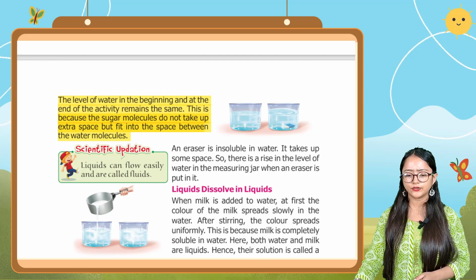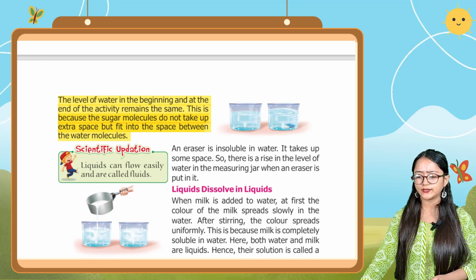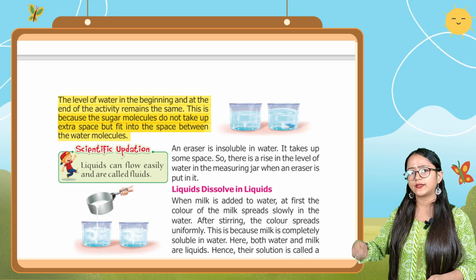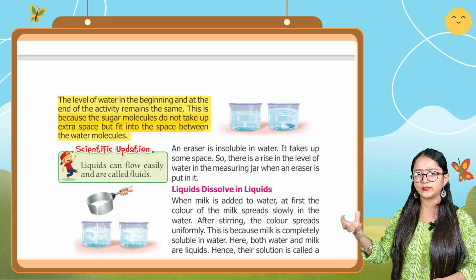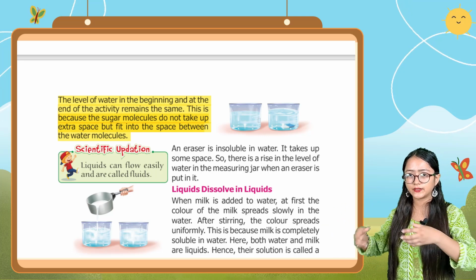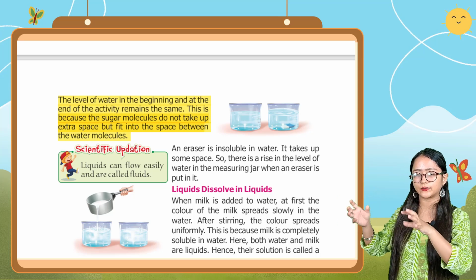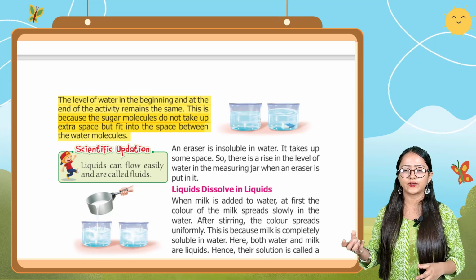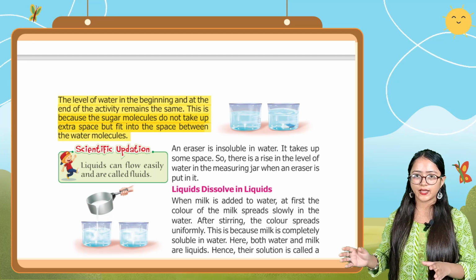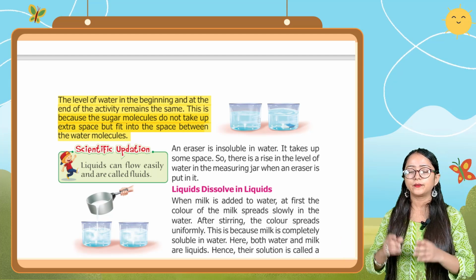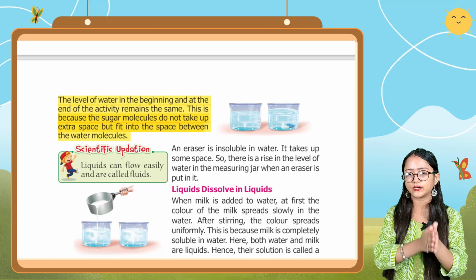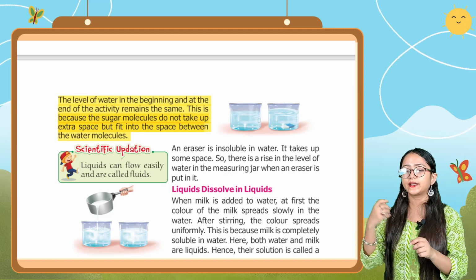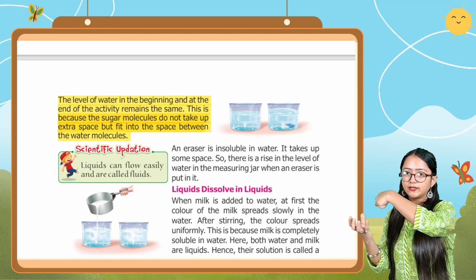So you may be thinking that when we add sugar or salt in water, it may increase the volume of that liquid, but no, that is not going to happen. Why? Because that solid sugar and salt particle takes up the space of that liquid, okay.